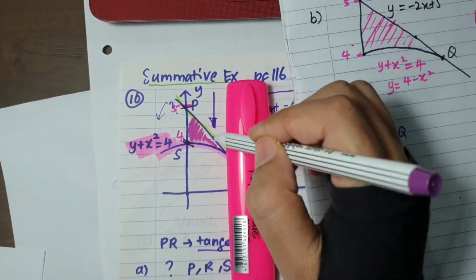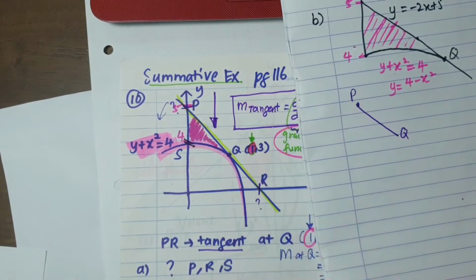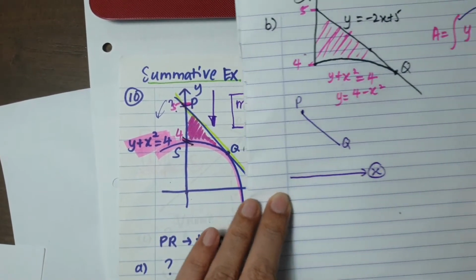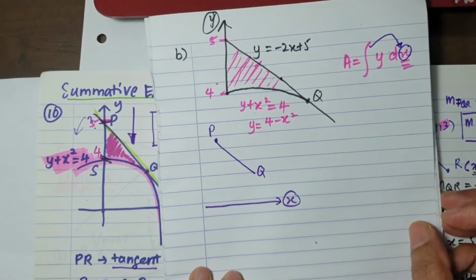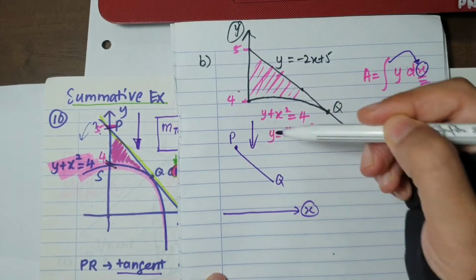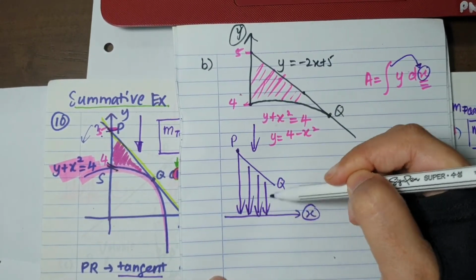Sebab yang ni je terlibat dia sampai sini je. So, yang ni tak payahlah nak tengok. Faham tak ni? Okay. So, now bounded by x. So this is your x-axis. Okay, you see the region there. Okay, so bila dia tengok macam ni, maknanya under the straight line, macam ni kan, you nampak trapezium shape.